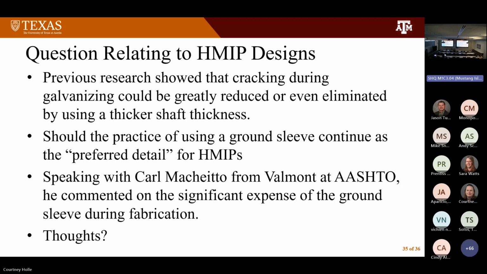At what point do we need to do that? Currently, I don't think TxDOT has a hard rule on that, but we are trying to work towards that. As we start inspecting more of these, as Greg's contract does, it's like, okay, when they see something, now what do they do? So we're trying to get those answers so that people know what to do in the field when they do find them.